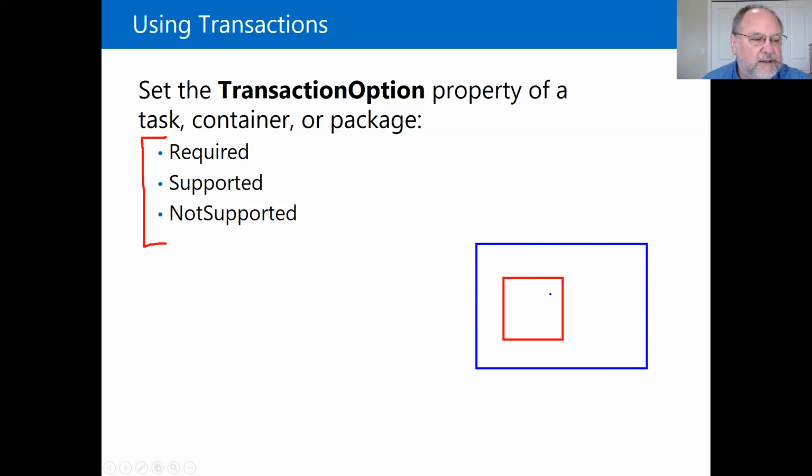If the task is set to supported, then if there is a transaction already running because of the package, this task will participate or be part of that transaction. But if there is no transaction already started, it won't start one. Whereas if it was set to required, it would start one.